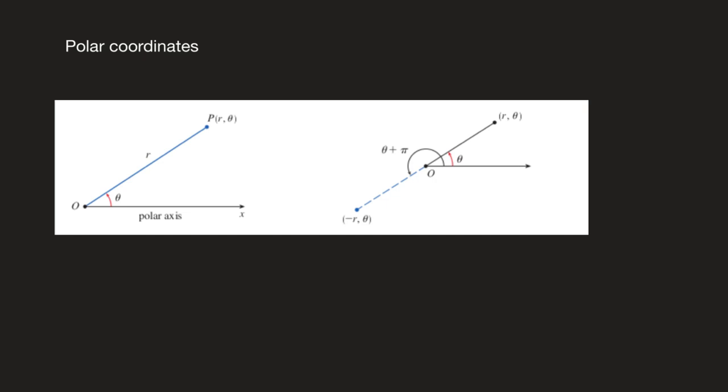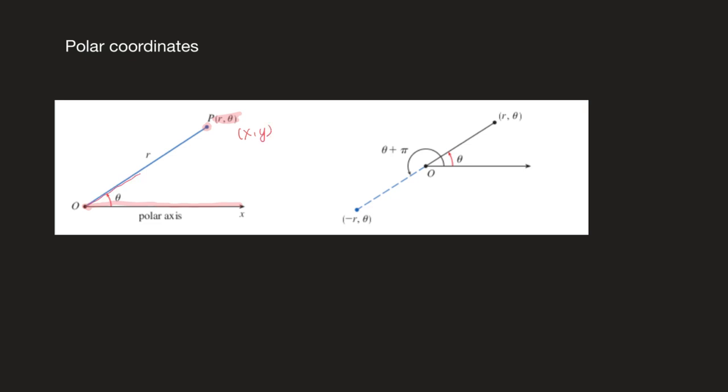Polar coordinates represent a point with r and theta, guys. r and theta. Let's define the angle first. This is the origin. Then this is the polar axis, usually the positive x-axis. And then you find the point here. In rectangular coordinates, we write this as x and y.